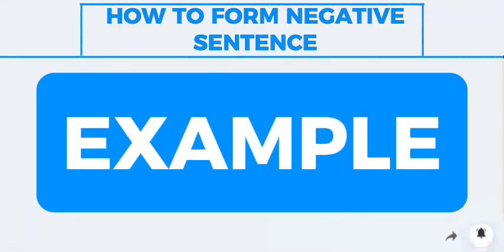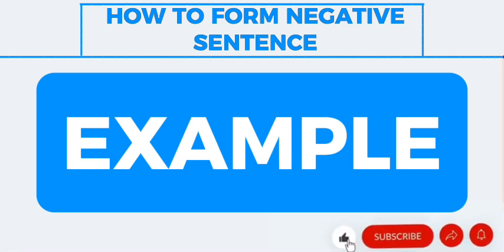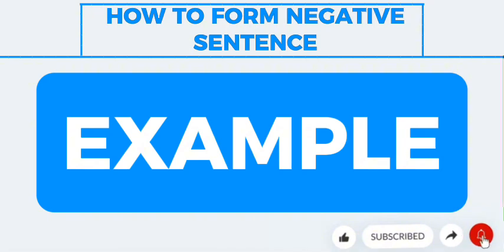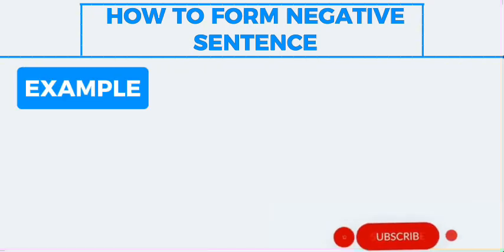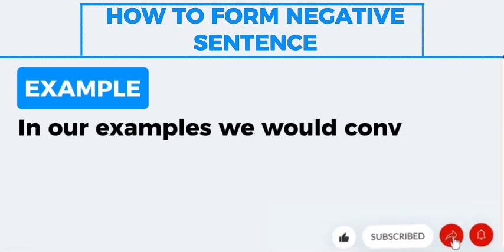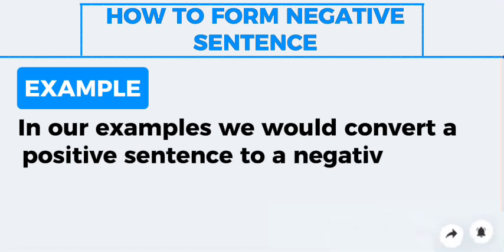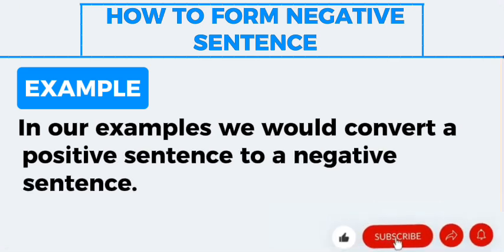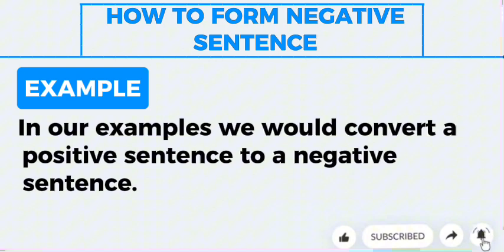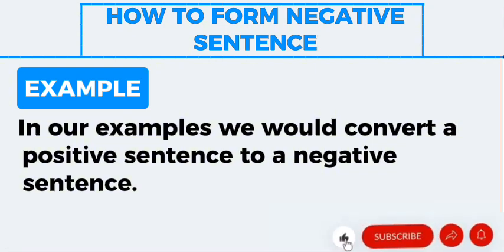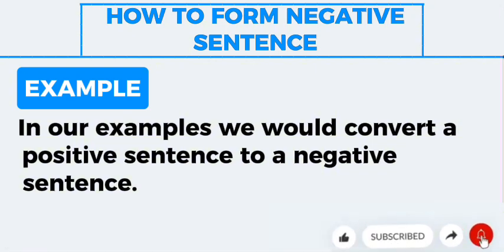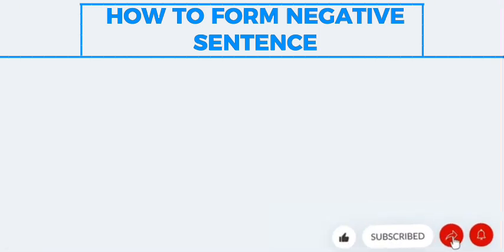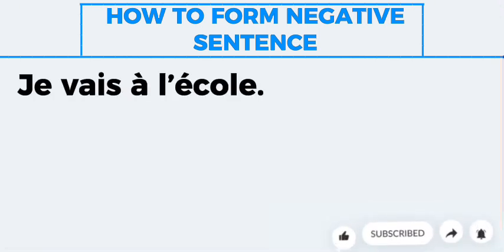Alright brainiacs, now that we know the various components of the negative sentence in French, let us take a look at some examples. In our examples, we would be changing a positive sentence to a negative sentence. And our first example is je vais à l'école.